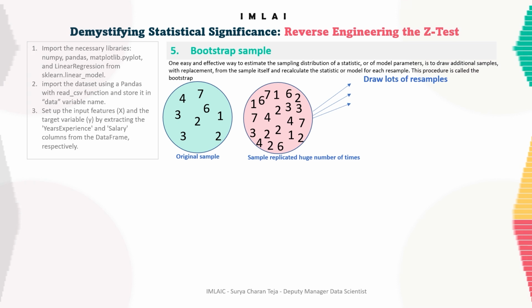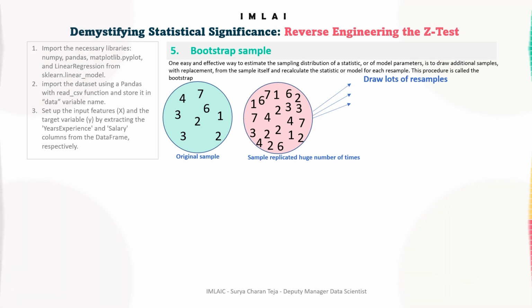A sampling distribution represents the distribution of a statistic. In this case, again I'm reiterating, it is the regression coefficient, obtained from repeated sampling from the sample population.